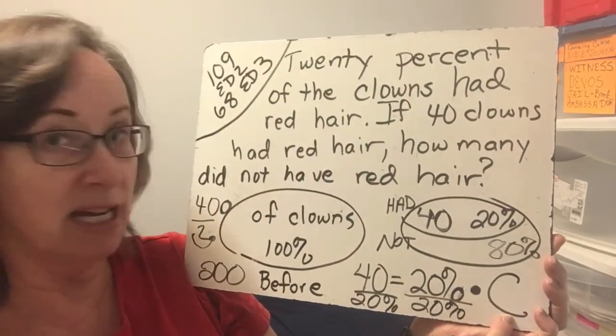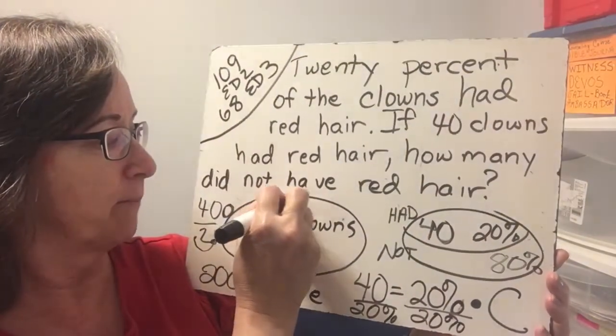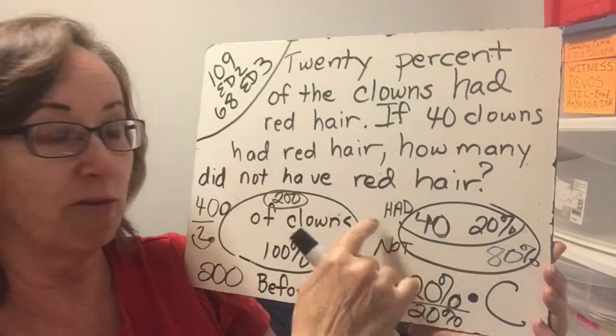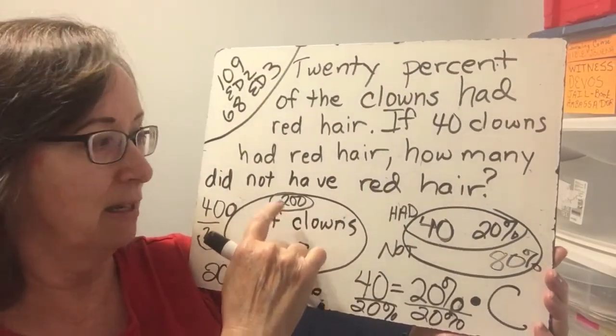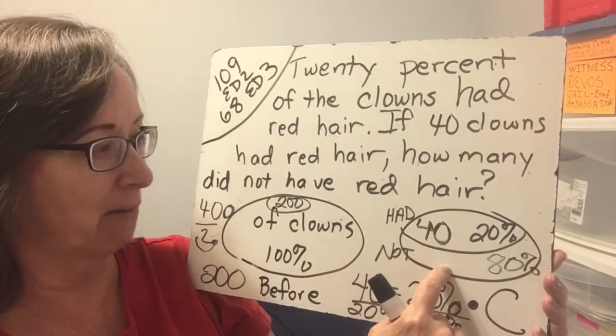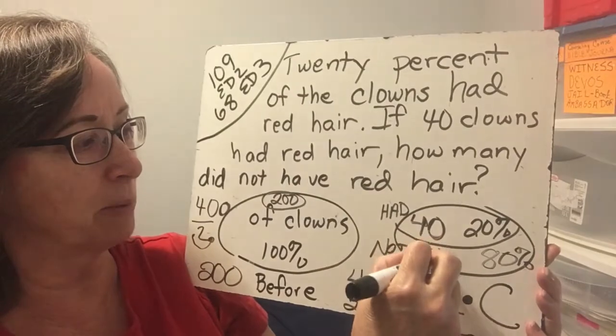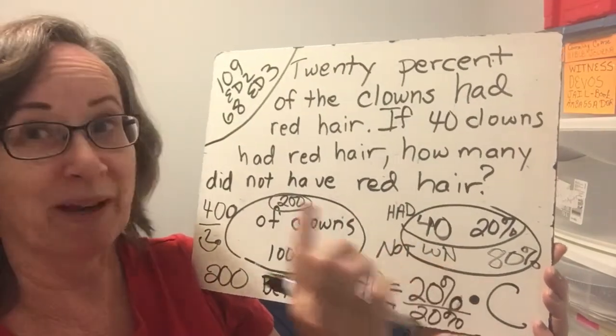Once I know that my total clowns is 200, and I know that 40 of them had red hair, then 200 minus 40 has to be the remainder. Now, what number of clowns had no red hair?